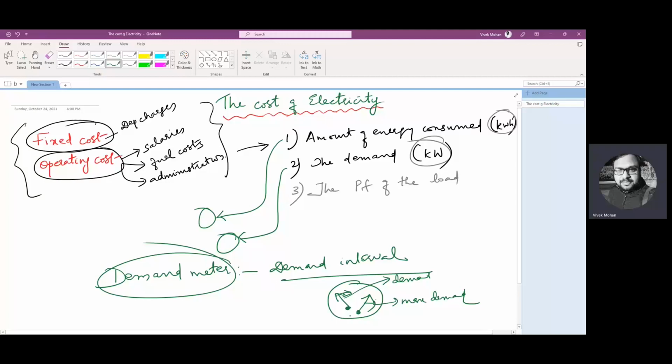The second pointer simply sits at the highest position in the interval, the highest value of power consumption at that particular interval. At the end of the month, a utility employee takes the maximum demand reading and resets the pointer to 0.